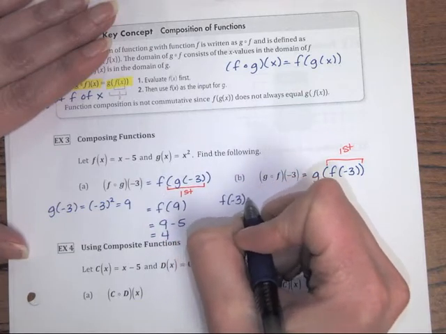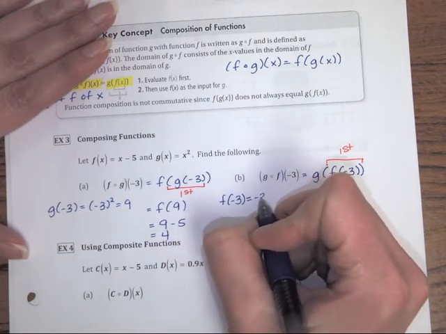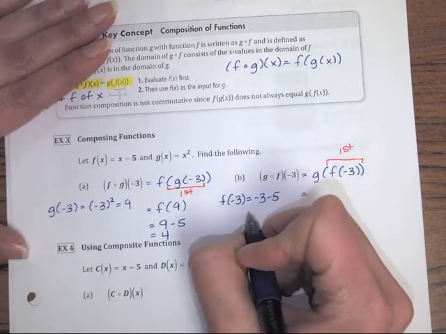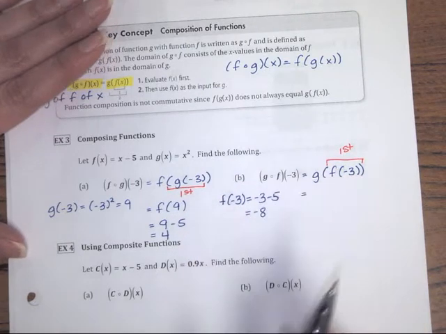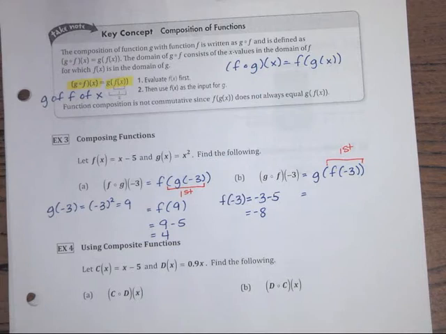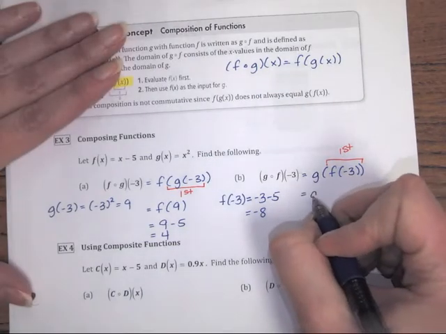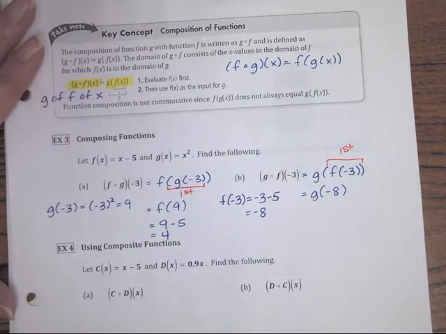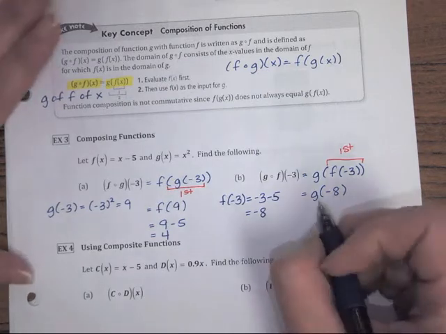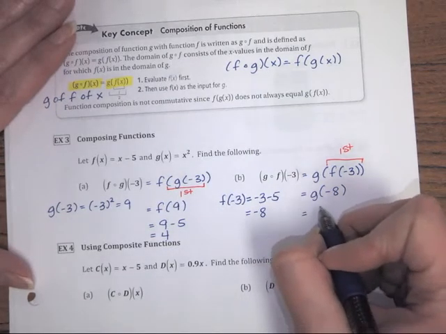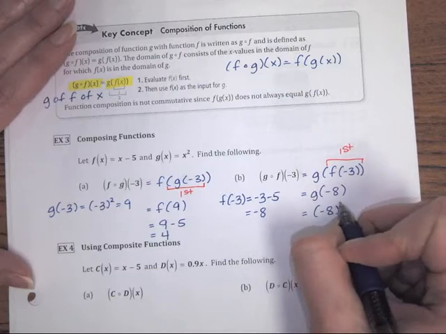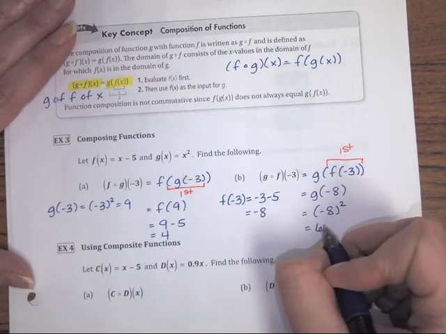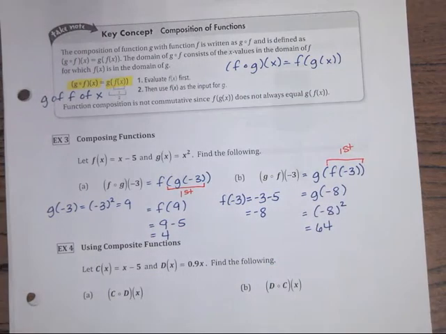That equals negative 3 minus 5, which equals negative 8. Put this in place of f of negative 3. So this is now g of negative 8. All this is just a lot of substitution. Now g of negative 8 means negative 8 squared, which is 64.